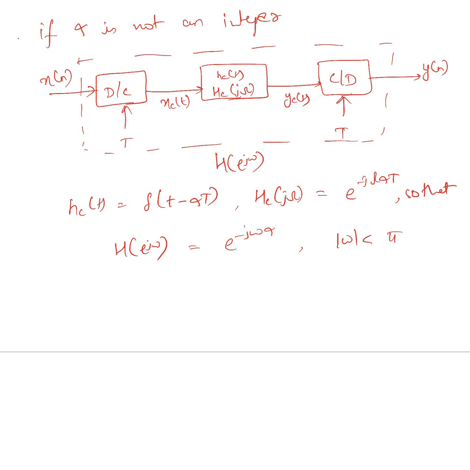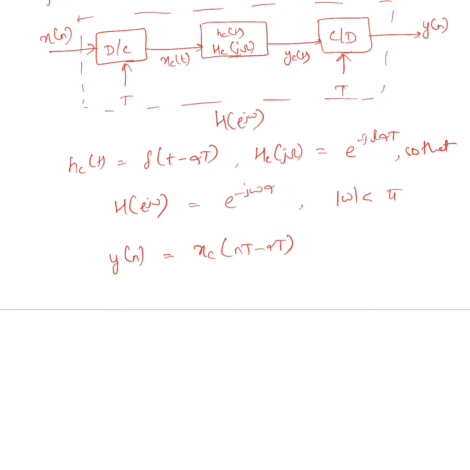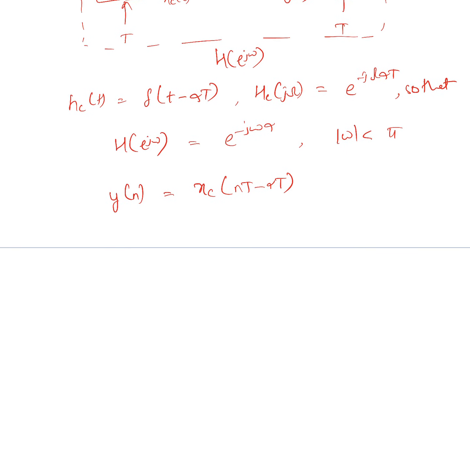Right? And then we can resample it to have this y[n] as the sampled signal x_c(nT − αT). So in this way you can carry out the operation of time shifting if the shifting variable is not an integer.